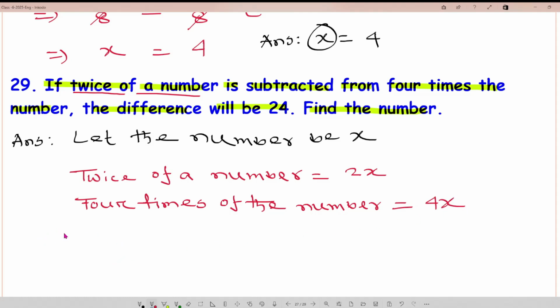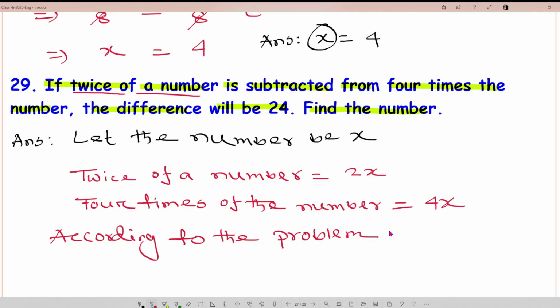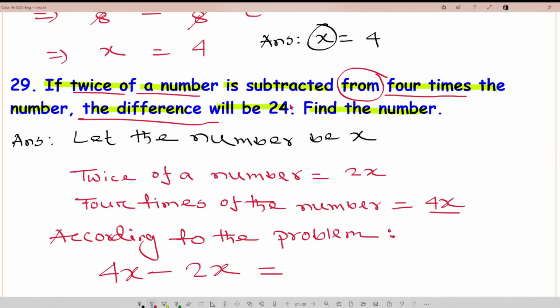Now according to the problem, here it is mentioned, if twice a number is subtracted from, look, from, it means 4 times the number. So 4 times will come first, then minus 2x equals, the difference will be 24.